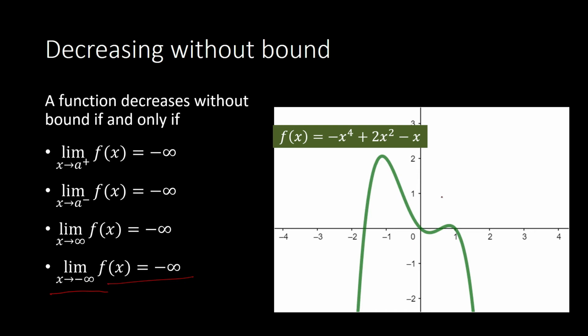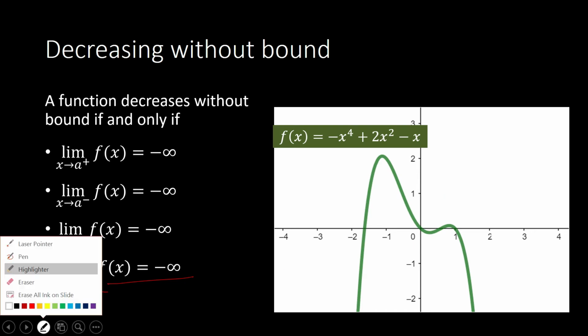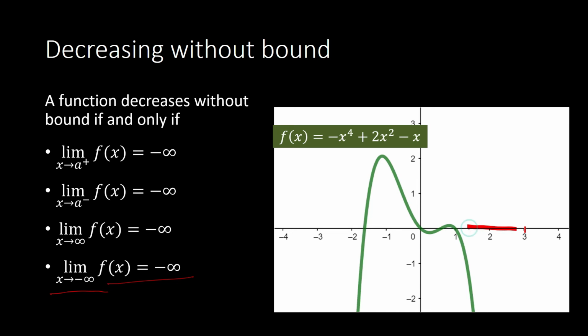So as x approaches positive infinity, your function goes to negative infinity. It decreases without bound. On the other side of your graph, when x approaches negative infinity, the value of your function goes to negative infinity, or another way of saying it is your function decreases without bound.